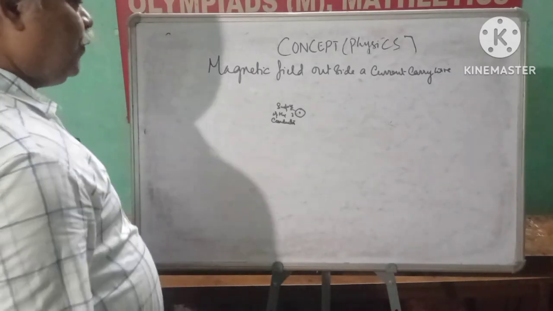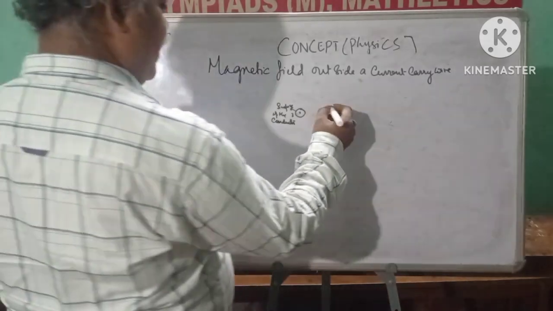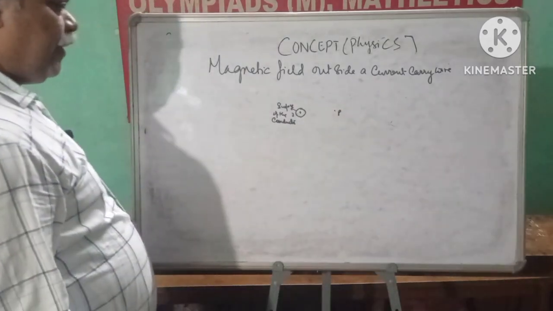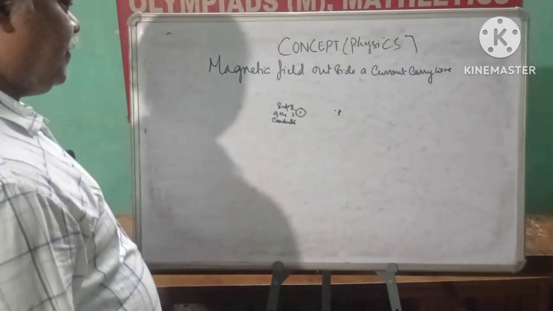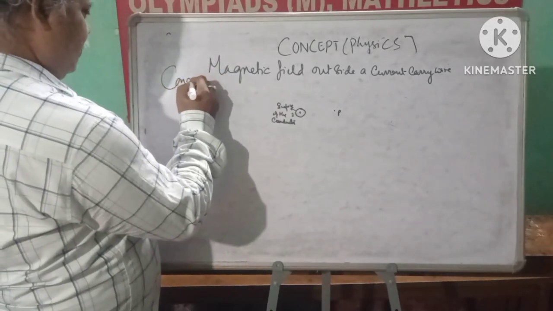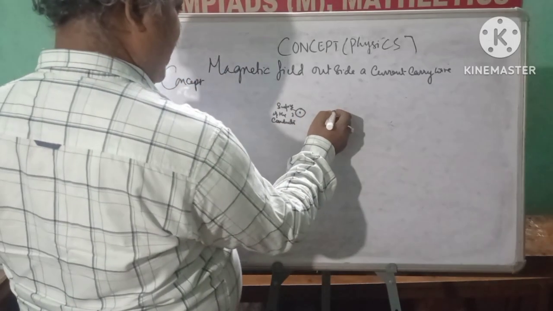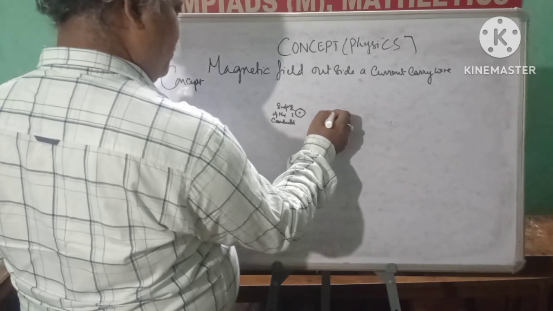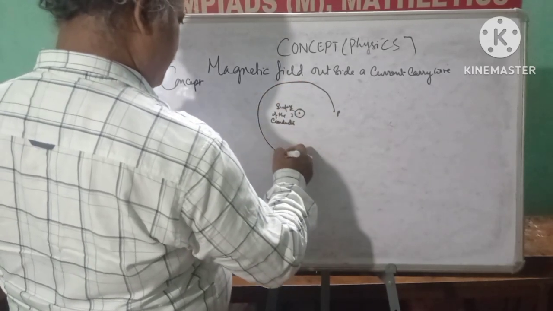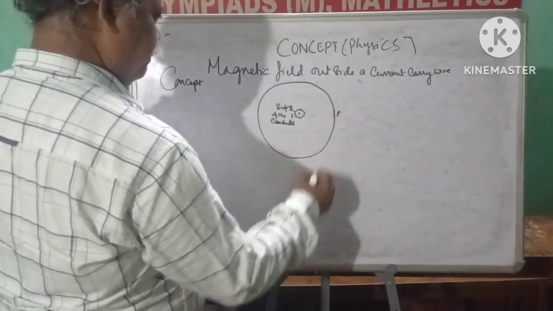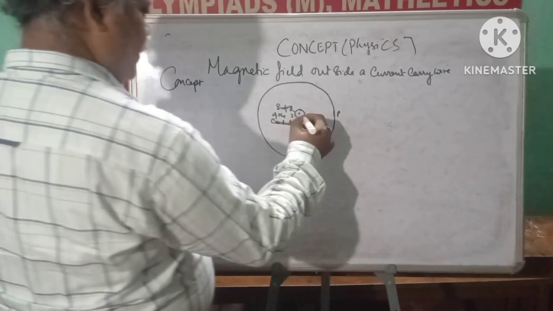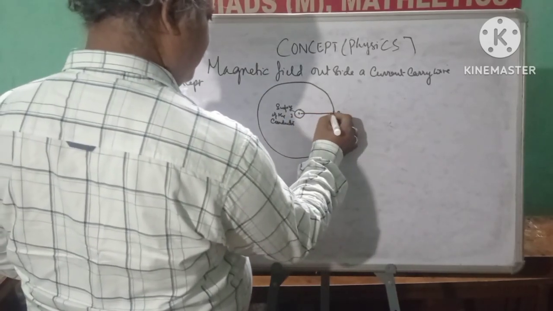This is the cross sectional view, and we want to find the magnetic field somewhere here. Suppose at point P we want to find the magnetic field. So what is the concept? We draw an Amperian loop. We draw a circular Amperian loop here, at a distance r.